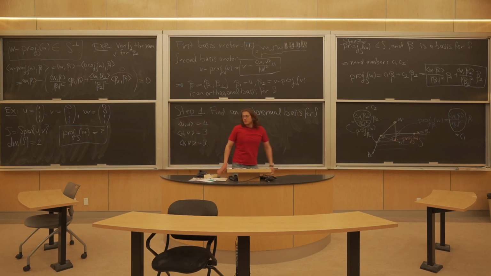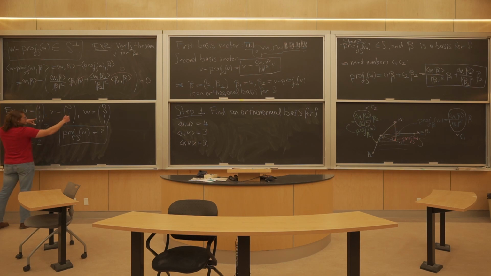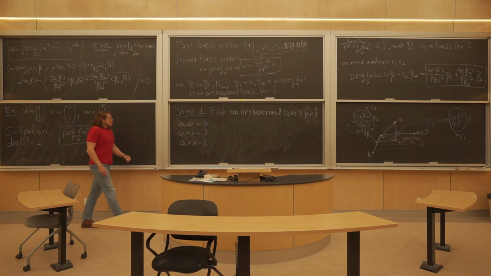Okay? Is this clear how I'm computing this? I'm always doing the same thing. I'm taking the two vectors and multiplying the corresponding entries, and then adding the results, right? This by this, this by this, this by this, and so on.